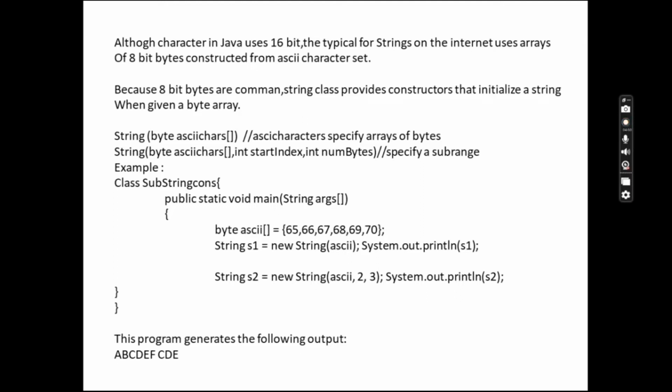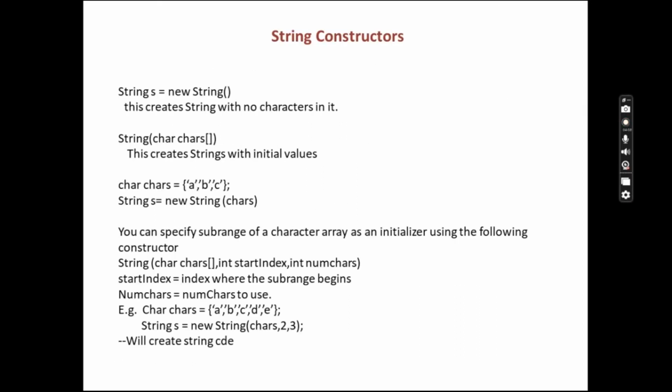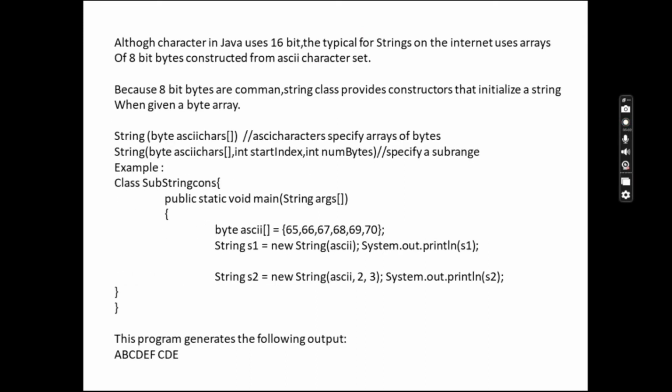So from 65 it will create A, from 66 it will create B, and so on. And like in the previous example, it takes the characters C, D and E. Like this, here also it will create the characters C, D and E.